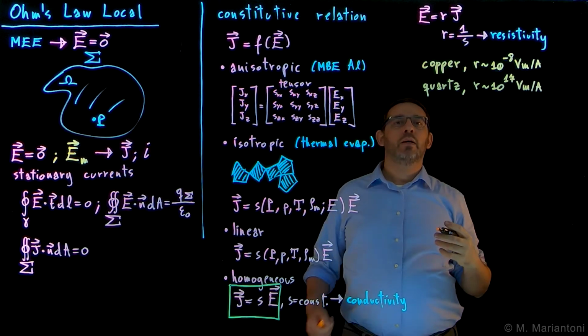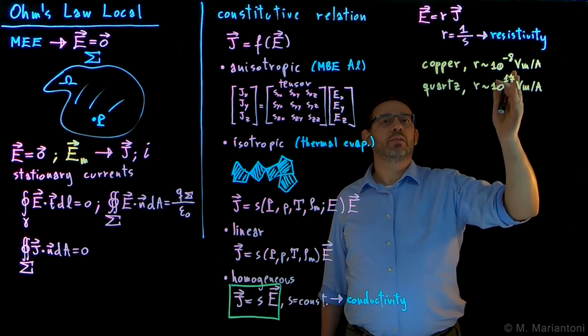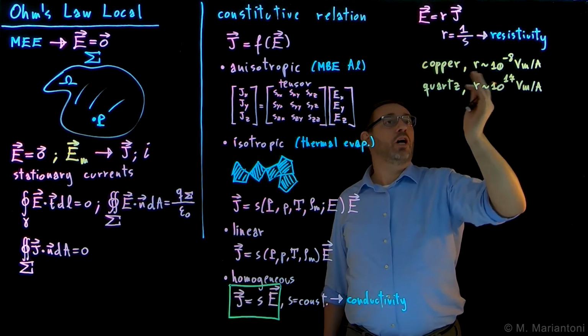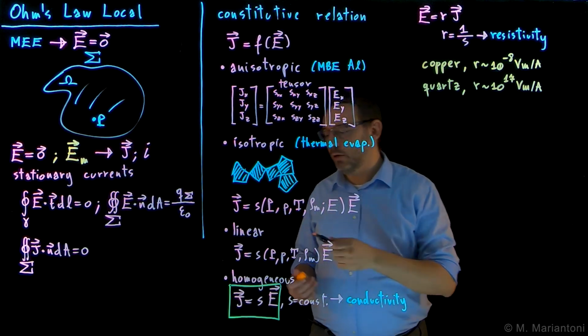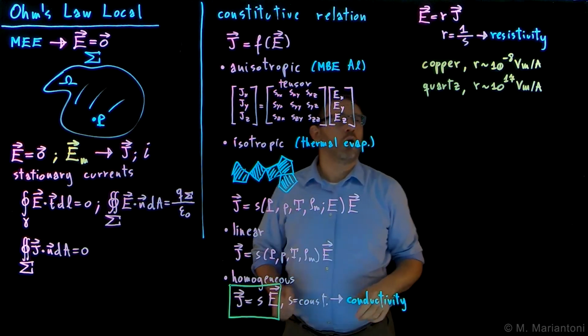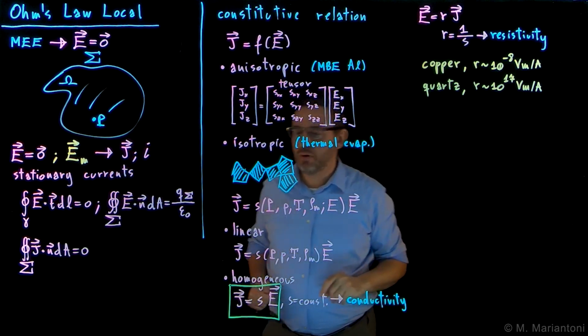So obviously conductors like copper, silver, gold have very low resistivity, very large conductivity, and on the contrary, insulators have a very large resistivity, very low conductivity. All right, so this is just to give you an idea of the numbers that we can have in these cases.